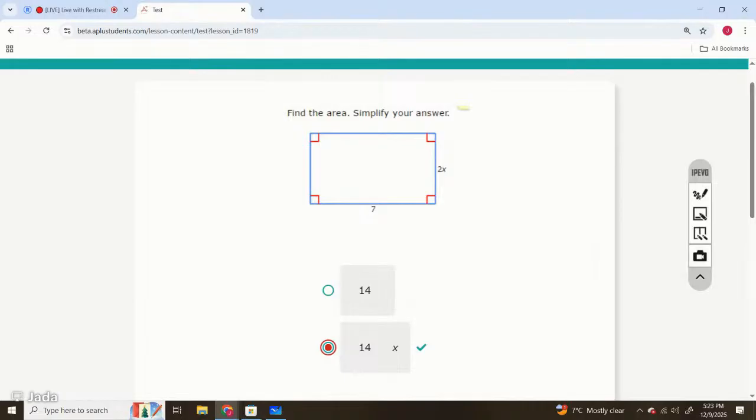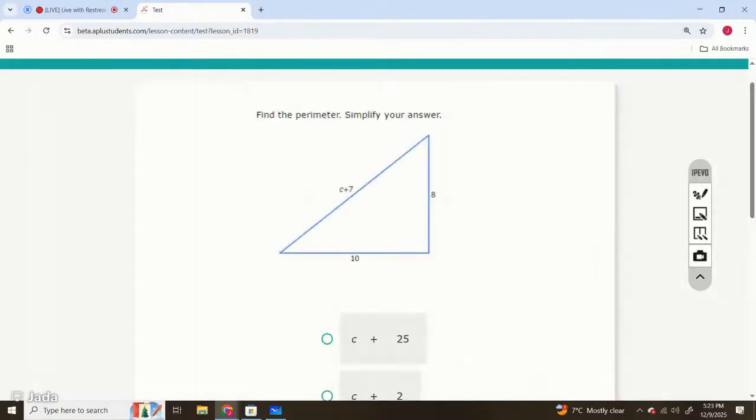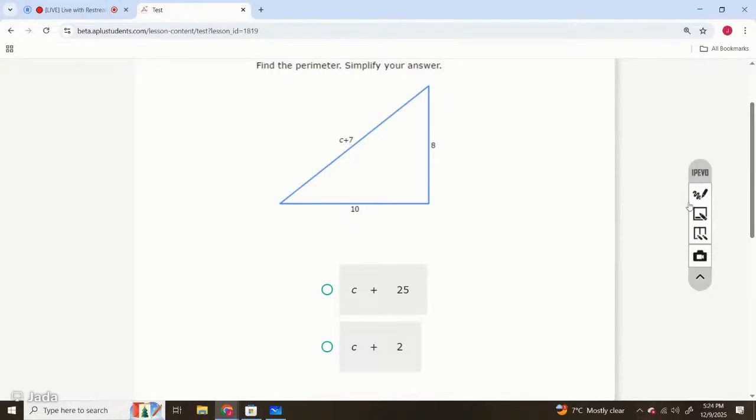So 14x it is. We need to add all the side lengths. That is c plus 25. Option number 1 is the correct option.